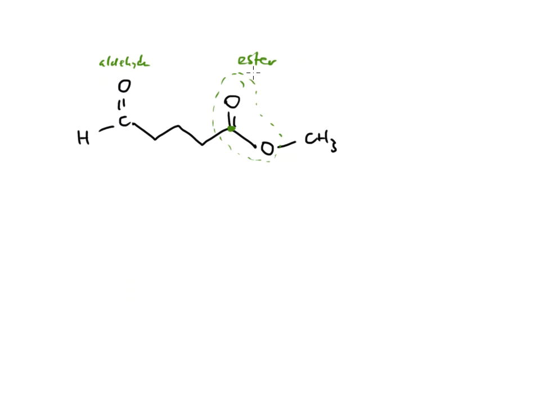The ester rules stated that you name the piece on the O first. That is a CH3, which is a methyl. And then the longest carbon chain: 1, 2, 3, 4, 5. So a 5 carbon name. What is it called in IUPAC? Well, that's a pentane. PENTAN.